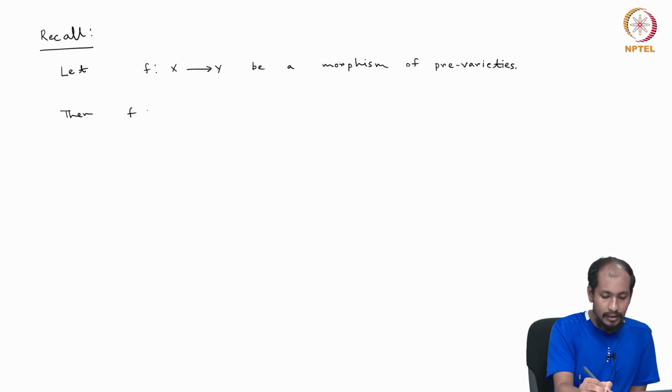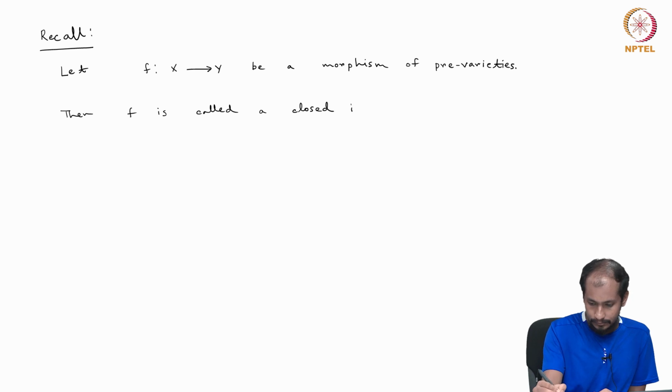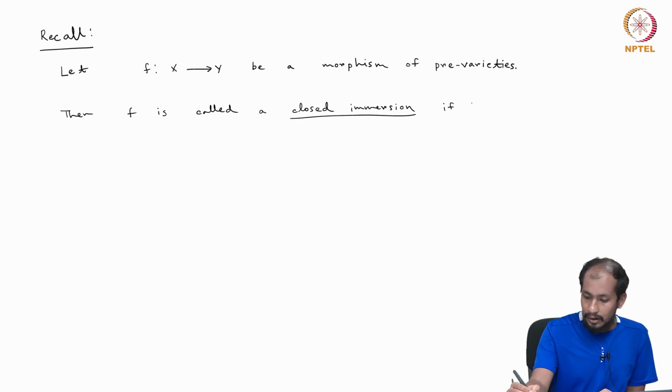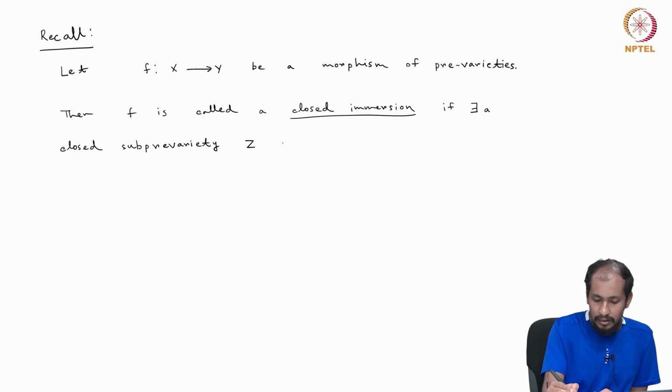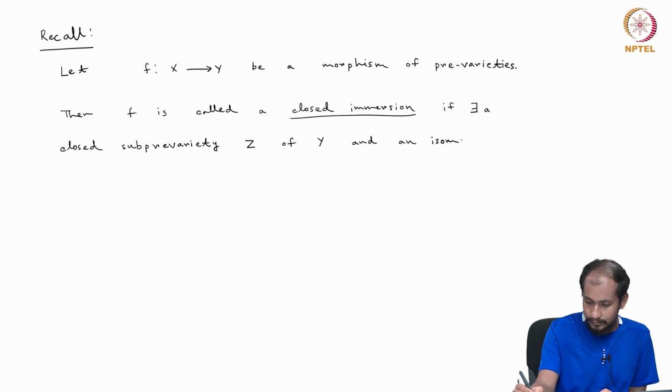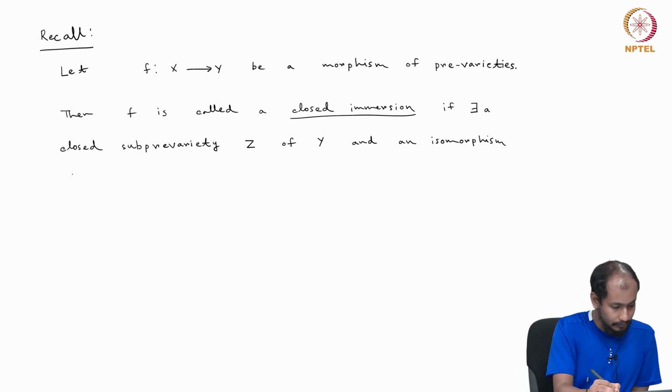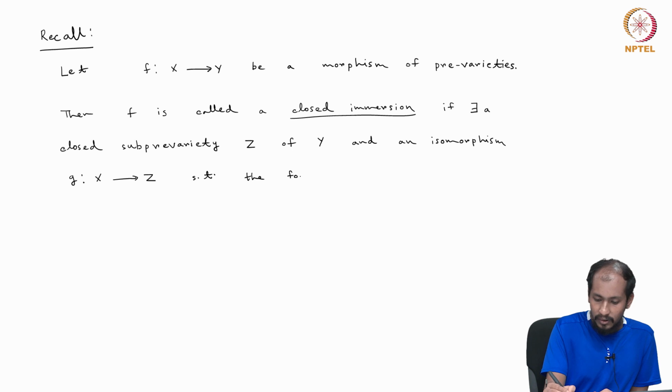Then f is called a closed immersion if there exists a closed sub-pre-variety Z of Y and an isomorphism of pre-varieties g from X to Z such that the following diagram commutes.